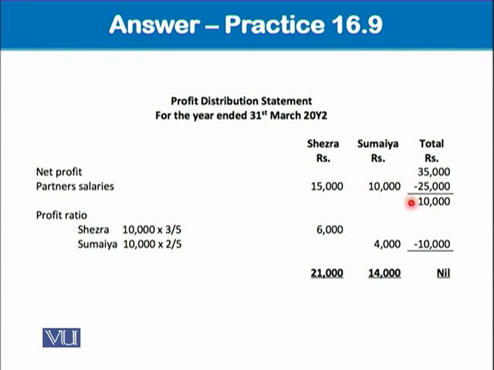All right. The remaining 10,000 will be distributed in their agreed profit sharing ratio, which is 3 to 2, so it is 6,000 and 4,000. So the balance is nil. It is the amount of owner's equity, or the profit that we have to distribute to the partners, and it will be taken to the owner's equity of the respective partners, 21,000 and 14,000.